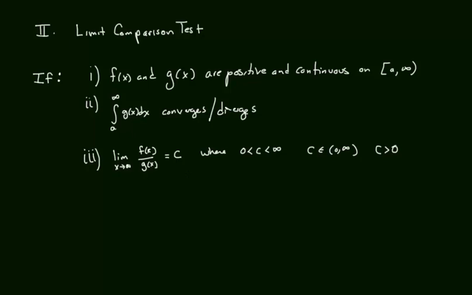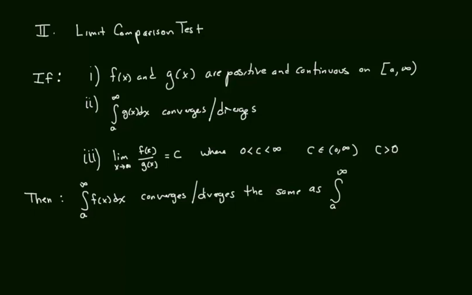If that's the case, with the criteria above, then we would say that the integral from a to infinity of f of x dx converges or diverges the same as the integral from a to infinity of g of x dx. If this limit is equal to c, we would say that they grow at the same rate and therefore they're going to converge together or diverge together when taking the integral.